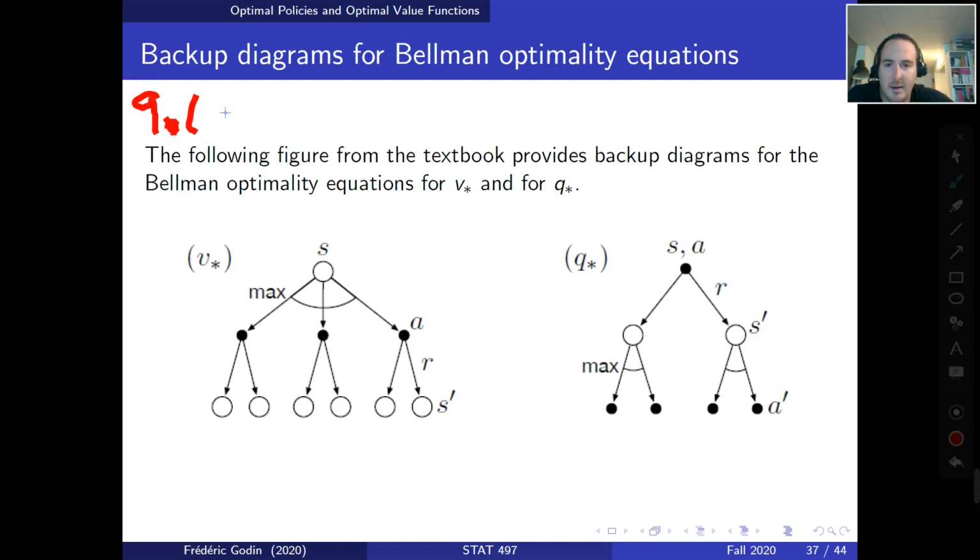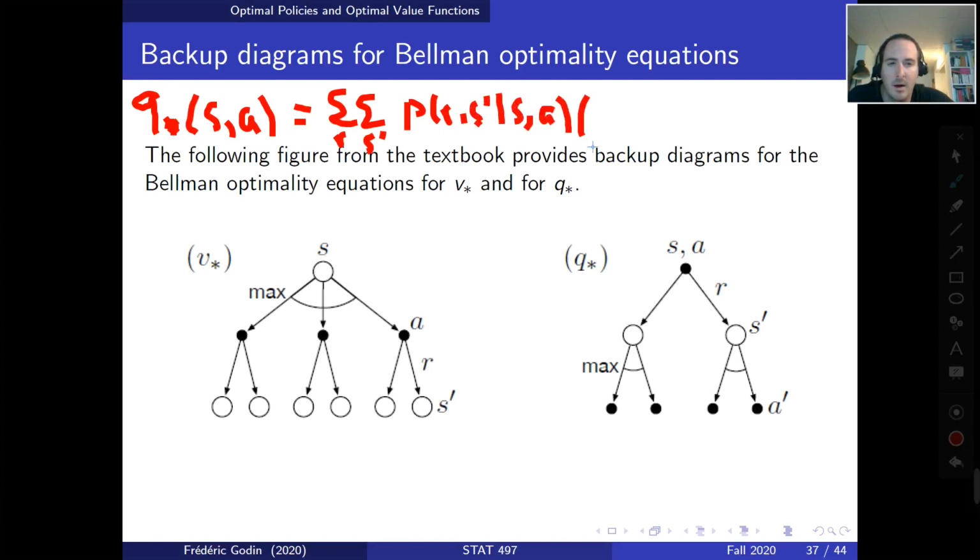So Q star SA was a sum across rewards, a sum across S prime of the transition function S prime given SA of R plus gamma times a maximum over A prime of Q star. Here this has to be S prime and A prime.